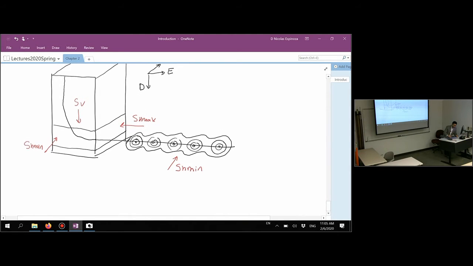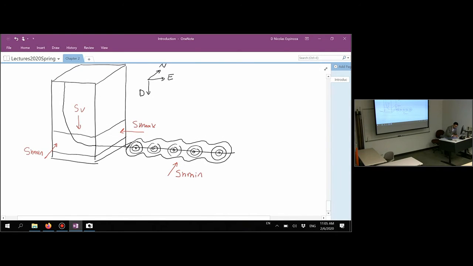So in that case, what is more efficient to do, when you drill a wellbore and after you do hydraulic fracturing, will be to drill another wellbore, but when it gets into the formation, it kicks into a horizontal wellbore in the direction of SH min.